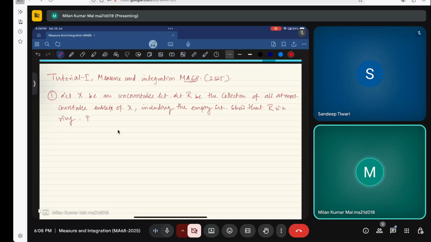The second question is: is it a sigma ring?